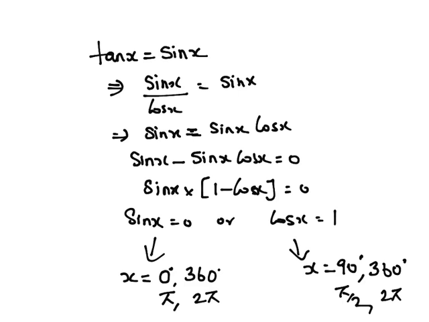So the final answer is, I'm really sorry, this is not pi, this is 0. So 0 radian. So the final answer is 0, 2 pi or pi by 2. So this particular trigonometric equation has 3 solutions.